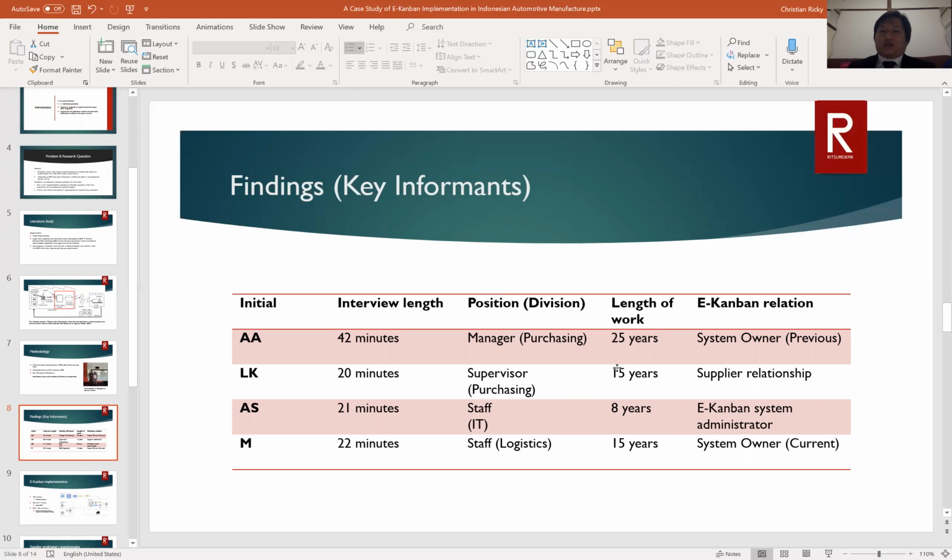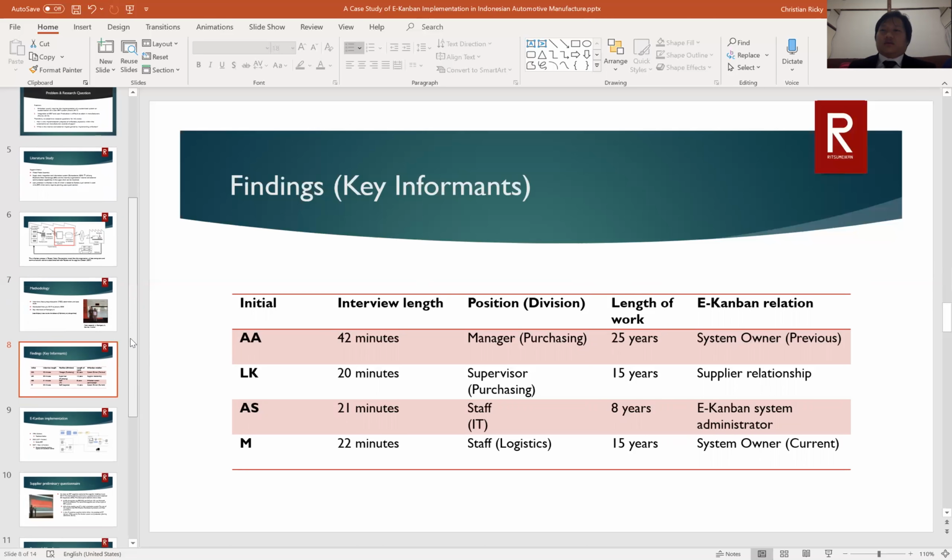Every key informant has a length of work of more than 5 years, which we think makes them very capable of answering our questions and explaining how the E-Kanban itself is implemented in the company. So therefore, the findings are really related, and we can gather the findings very well.